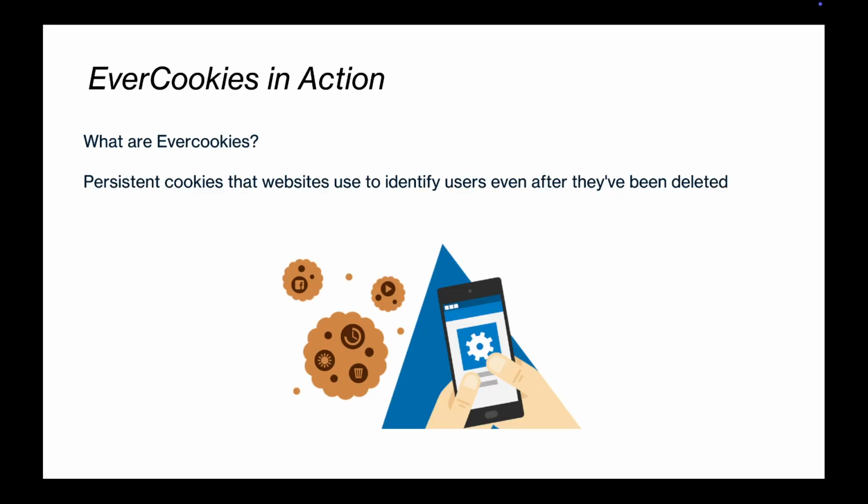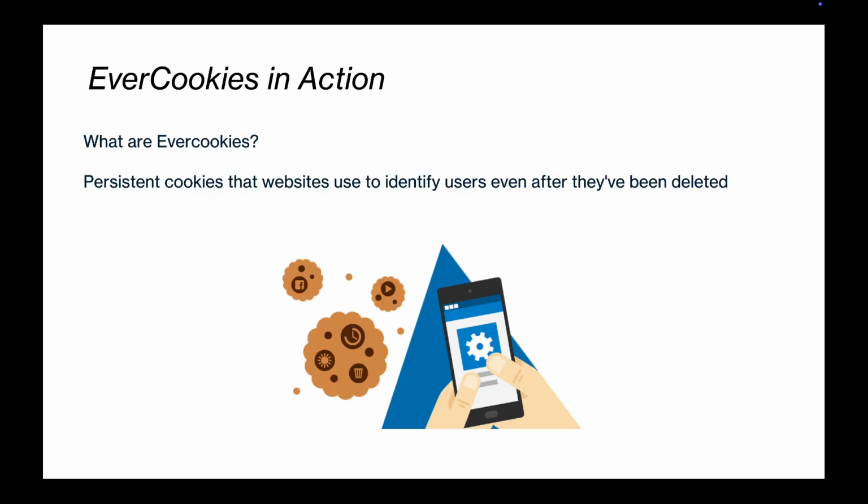Evercookies, or super cookies, are a type of cookie that is designed to be nearly impossible to delete. Unlike normal cookies, which are stored in a single place, Evercookies spread themselves across multiple storage mechanisms. It was created by a security researcher to demonstrate how websites can track users indefinitely.